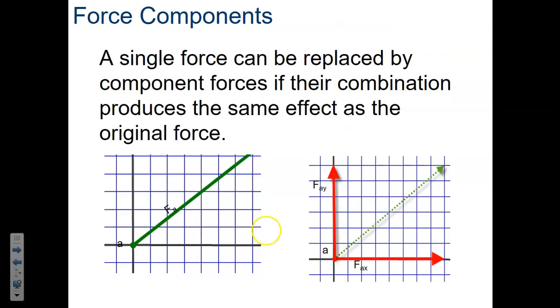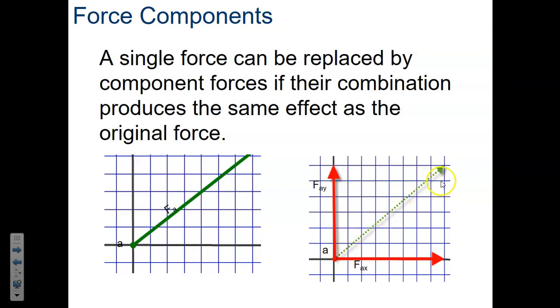If you took honors topics in physics, we've done this in that class. Basically, you can take a diagonal force vector and break it up into its component vectors. Remember getting out your rulers and protractors and doing all this stuff.